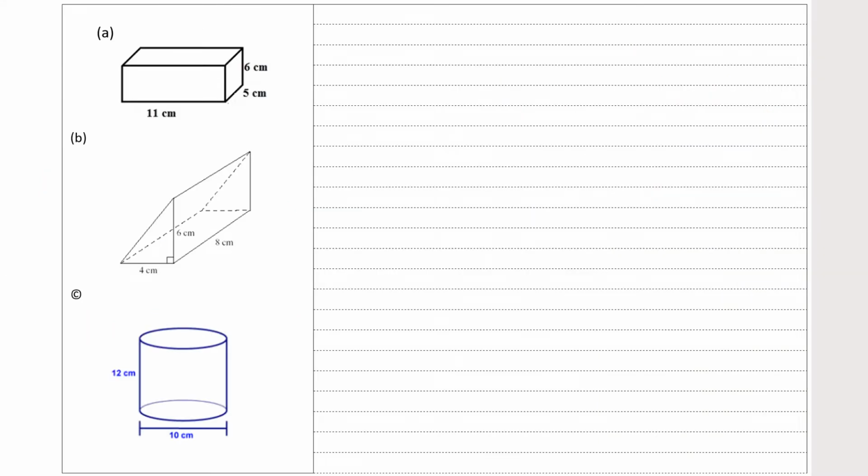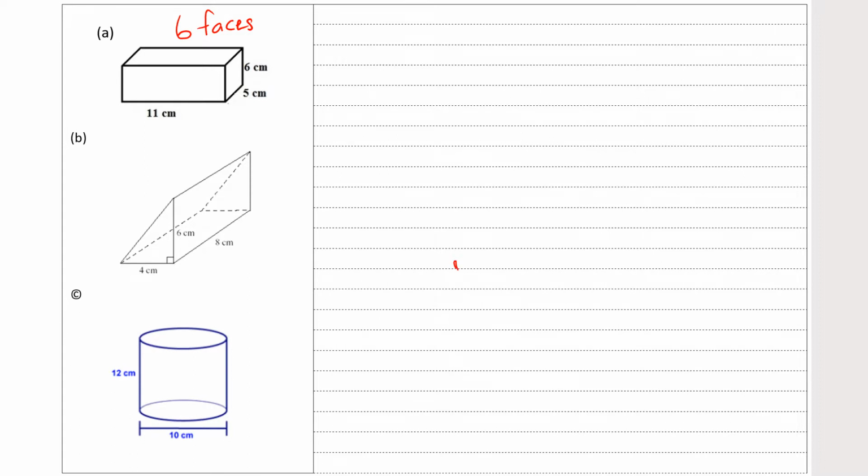Okay, so we're going to calculate the surface area of each 3D solid. First one is a rectangular prism. We have 6 faces. Now, one of the definitions of a prism is that the opposite faces are equal.